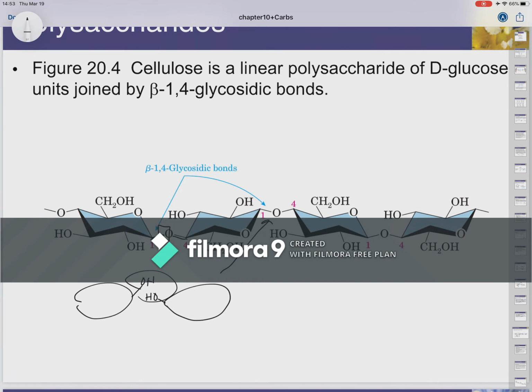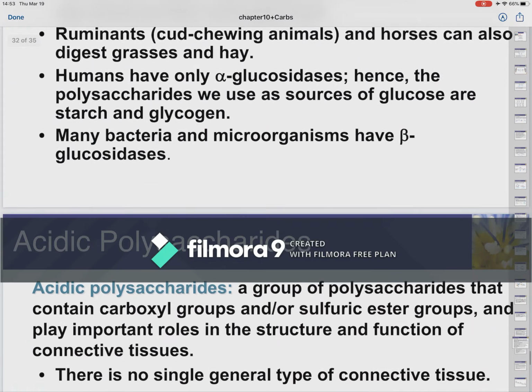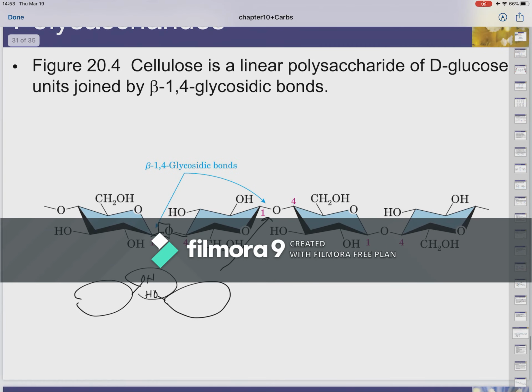Now this is arranged in chair form, which is actually much nicer to look at in the other form, which we don't have. So here we can't really see the same sort of up and down that we would see in the Haworth projection, unfortunately. But this is more true to what the molecule looks like in real life in 3D space.